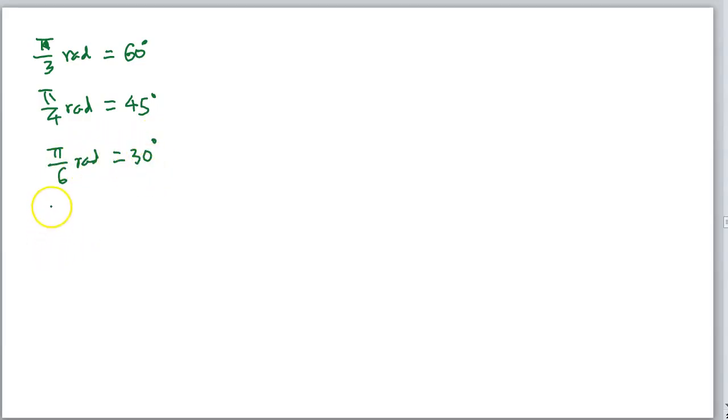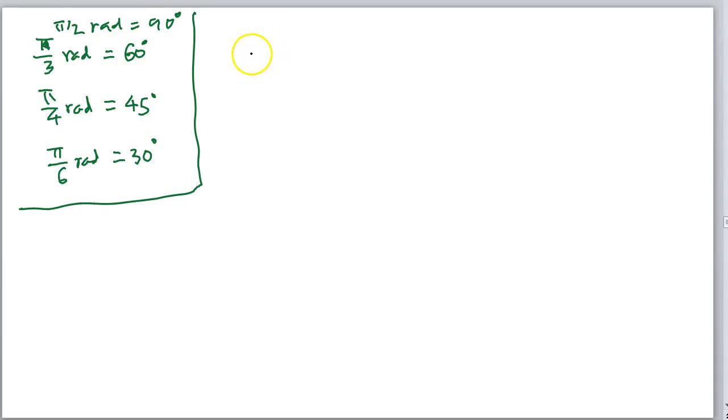Hopefully by the aid of the graphics that you've just seen, you can easily remember that pi divided by 3 radians is 60 degrees, and pi over 4 radians is 45 degrees, pi over 6 radians is 30 degrees, and we also did pi over 2 radians as the 90 degrees, right? Okay.